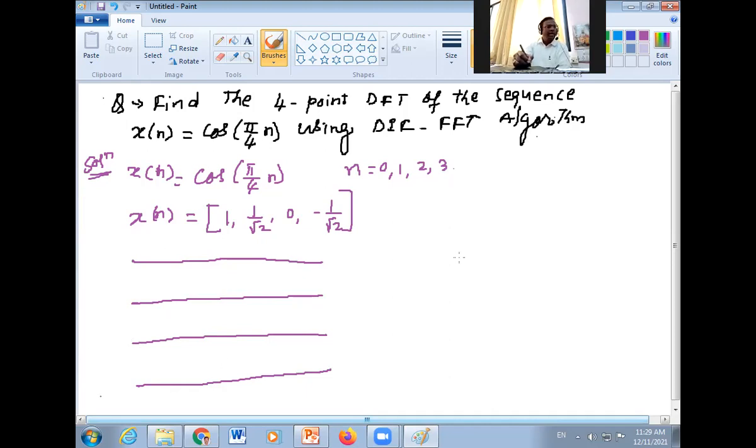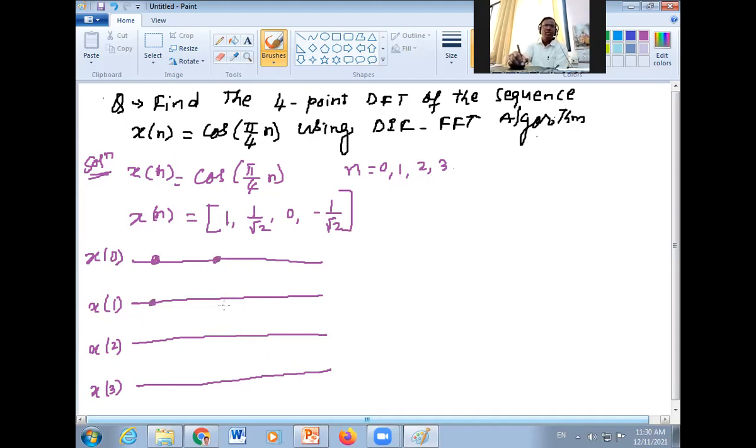As it is a DIF FFT algorithm, we have to apply the inputs in natural order: x of 0, x of 1, x of 2, and x of 3. Now let us draw the diagram first.